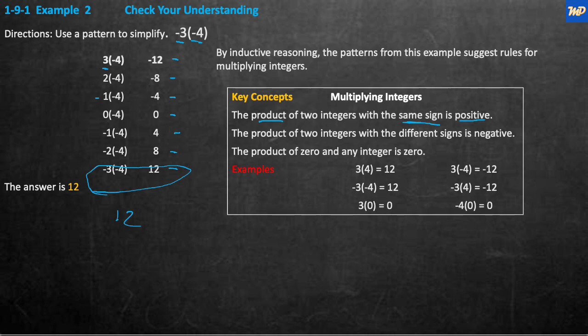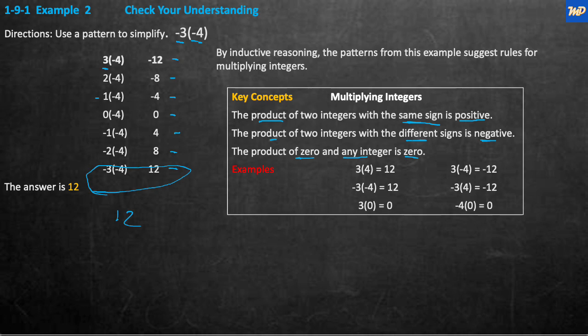The product of two integers with differing signs is negative. If the signs are different, it's always negative. If the signs are the same, it's always positive. And the product of a 0 and any integer is 0. 0 times any integer is 0.